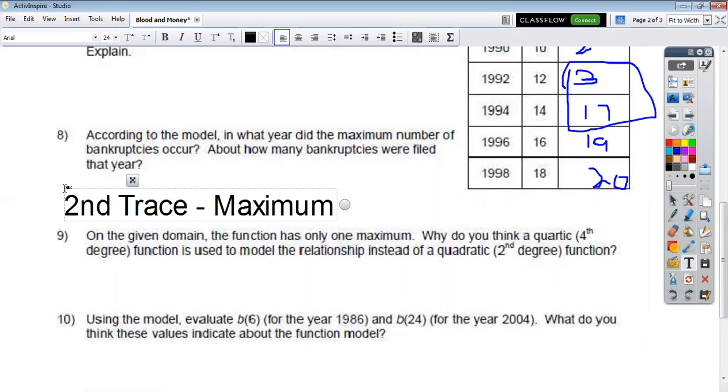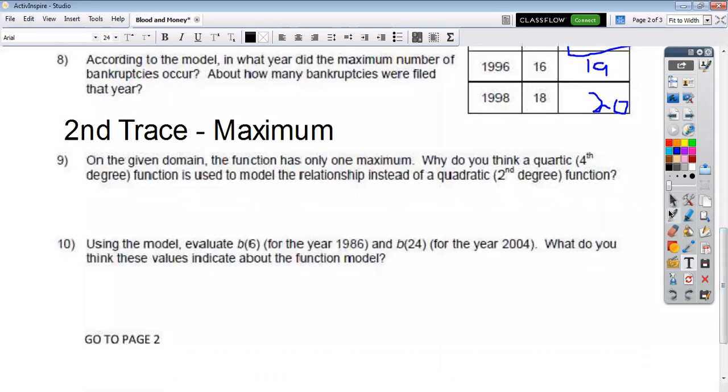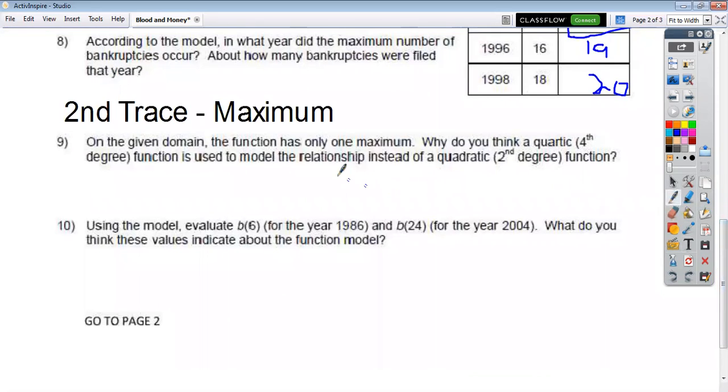You may have to zoom out a fair amount before you can see the maximum for this. On the given domain, it has only one maximum. Okay, so over those from year 8 to year 21, it only has one maximum.